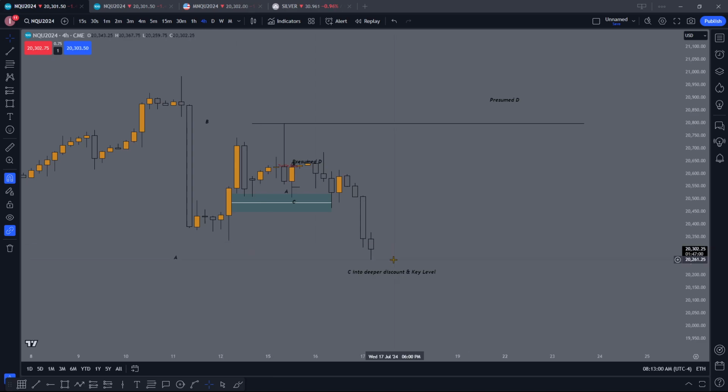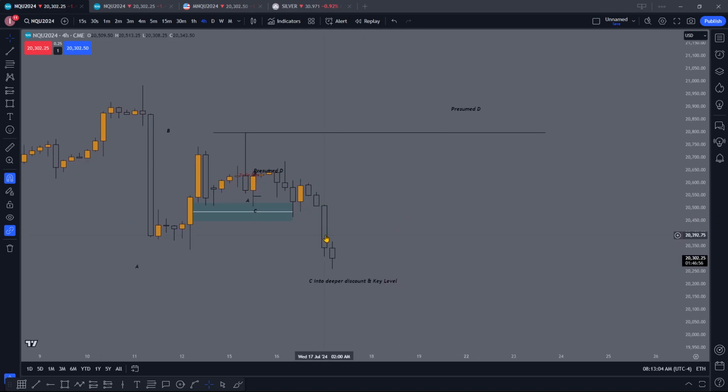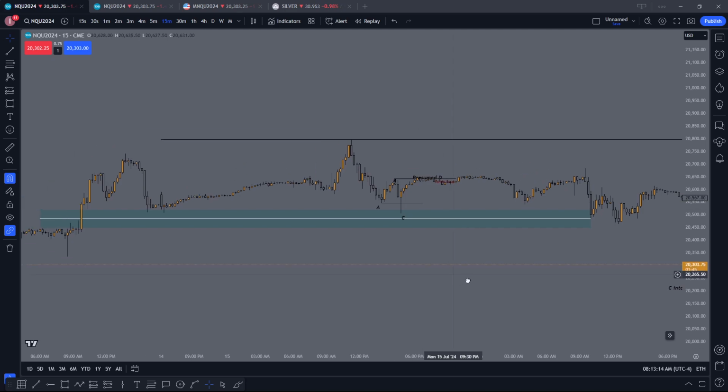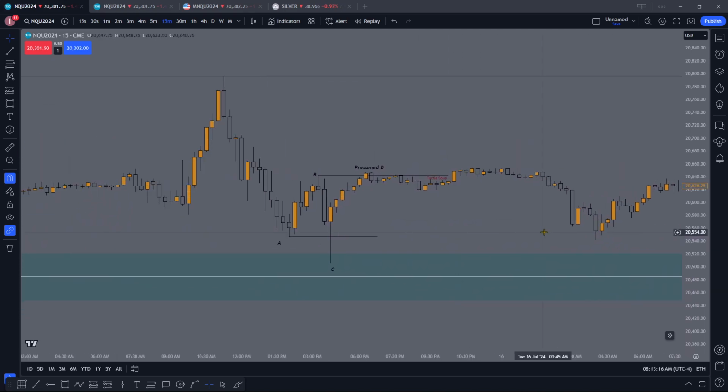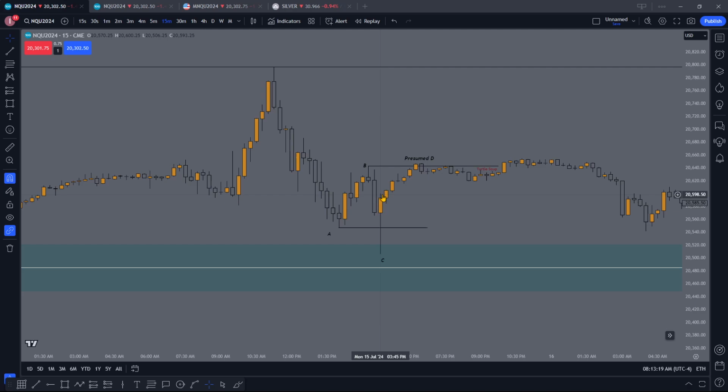High probability soup into a deeper discounting key level. What happened when this scenario took place on the 15 minute? What happened to the imbalance that was from the B to C leg? What happened? Let's take a look again. What happened to the imbalance that was created from the B to C leg? Inversed, rejection block.